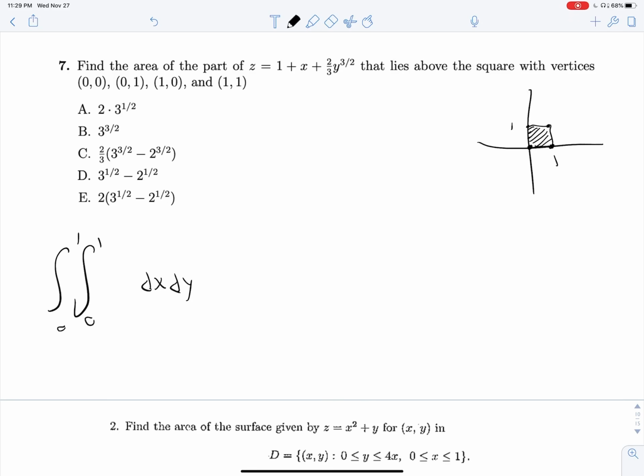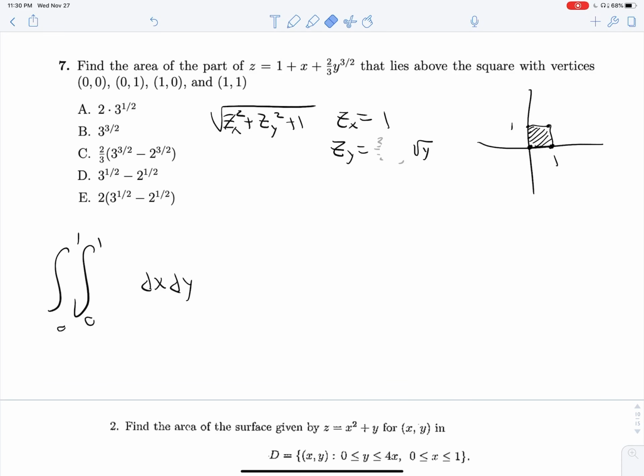So we know that we can turn this into the double integral that we want with the square root of zx squared plus zy squared plus 1. And since it's already in the form z equals up here, these are going to be pretty easy to find. So we're going to get zx being equal to 1 and zy being equal to 3 over 2 times 2 over 3 root y.